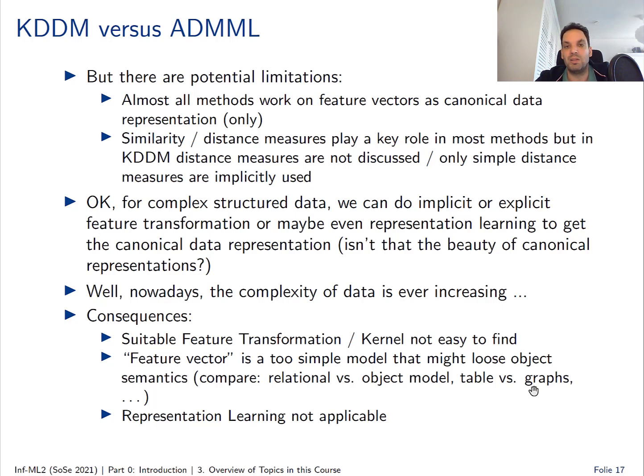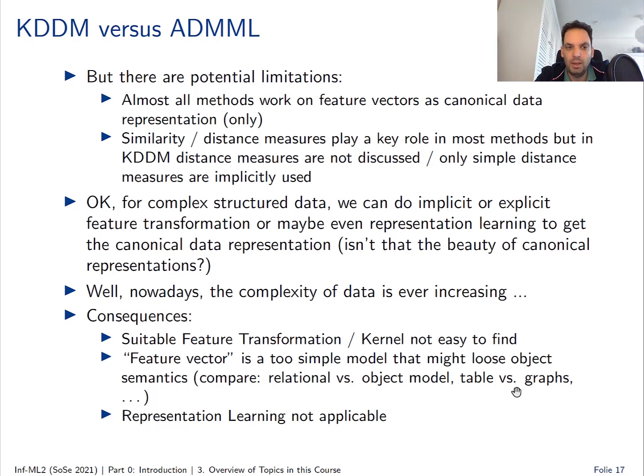So tables versus graphs, which is more expressive, so to say. And of course with graphs and the object-oriented model, you can model the complex semantics of objects much better than in the relational model where we use tables.